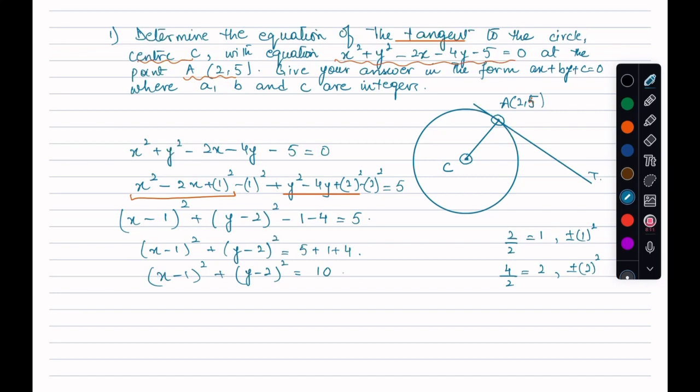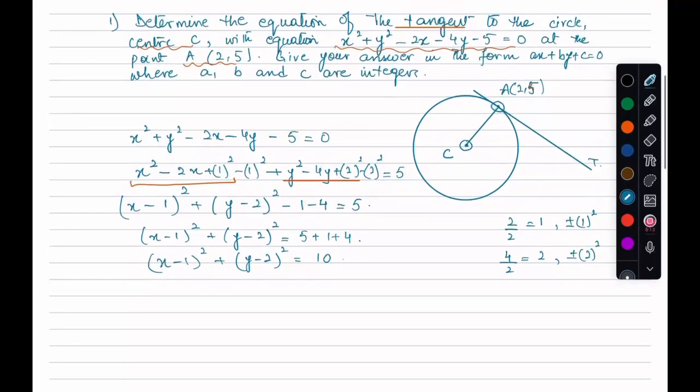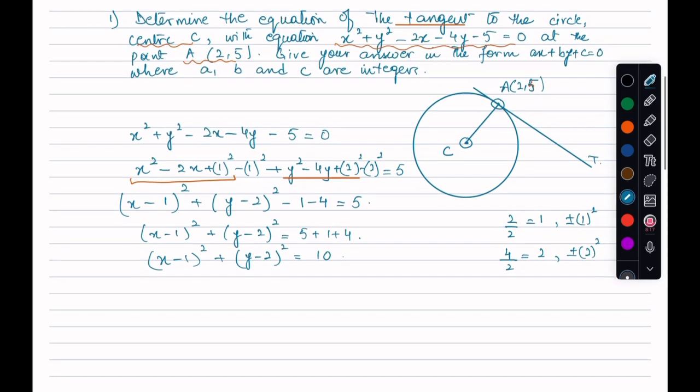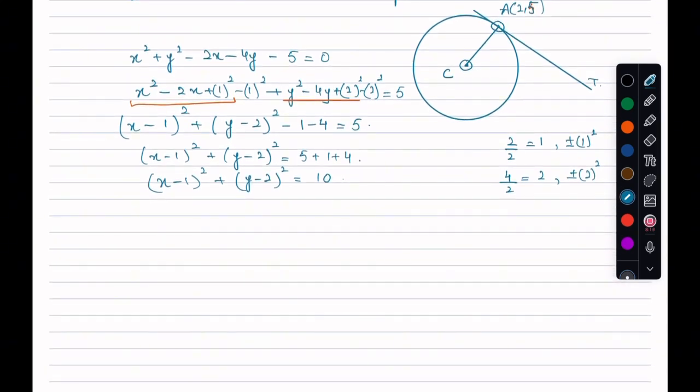That's very much clear. So now I have brought the equation to the form x minus a the whole square plus y minus b the whole square. So from here I know the center coordinates. The center coordinates are going to be (1, 2), and my radius is going to be under root 10.